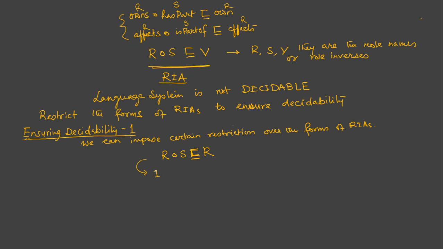Now a corollary for this would be if we take the inverse of both the sides. So we are taking the inverse of R composition S and the inverse of R, right? We have already talked about the inverse of these roles.